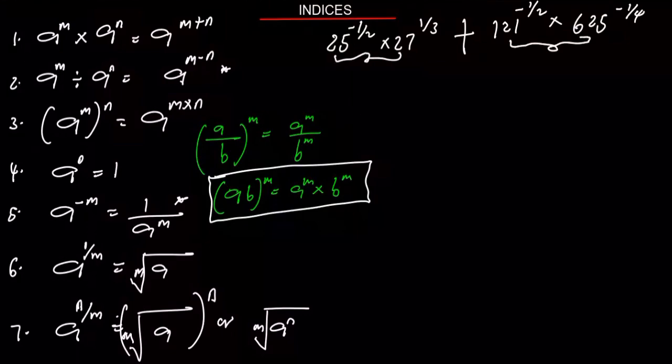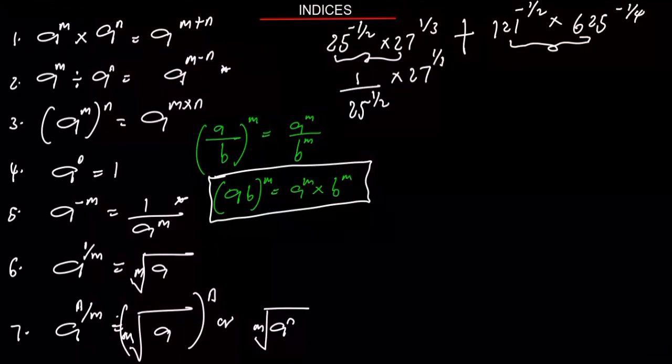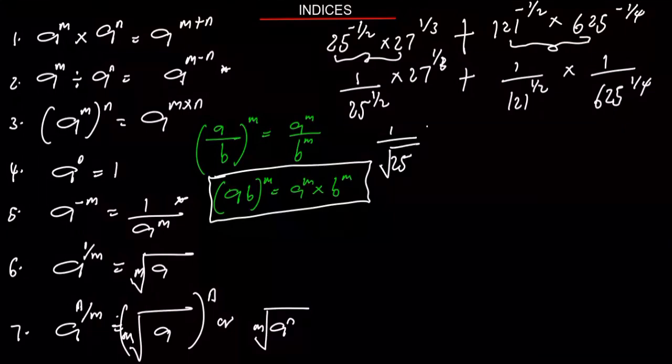And at this side, remember, this will give me 1 all over 25 raised to power half, negative power. This is 27 raised to power 1 over 3. So plus this, 1 over 121 raised to power half, then times 1 all over 625 raised to power 1 over 4. So negative power has been fulfilled. So after that, remember, what I'm having here is 1 over square root of 25. Raised to power half means square root.